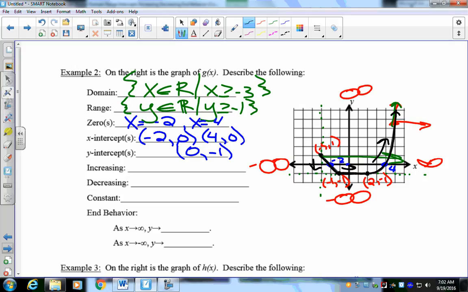So it's decreasing between -3 and -1, because I'm using my x values, guys. Notice I already labeled the points, so I have that information for me. I just have to look and say, okay, between which two x values. I already wrote my coordinates. So it's decreasing between -3 and -1.